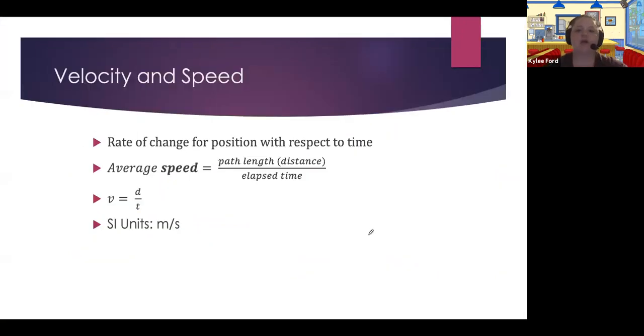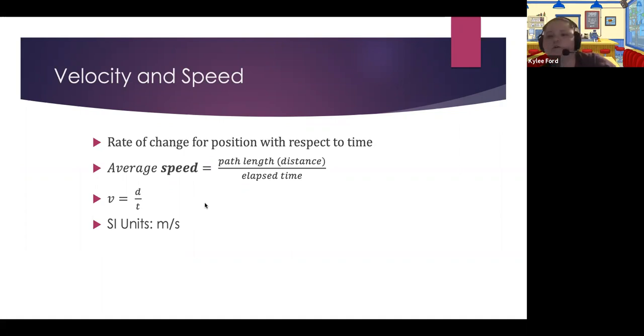Okay, so going back over velocity and speed real quick, remember that velocity is a rate of change for position with respect to time. And a lot of times in this course, we'll be talking about average speed, which is going to be some distance over an elapsed time. When we look at average speed, it's going to be v, which stands for speed, equals distance over time.